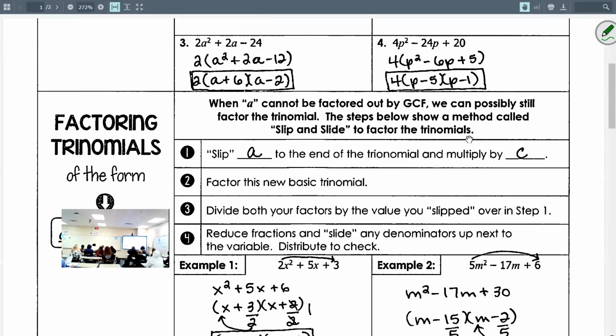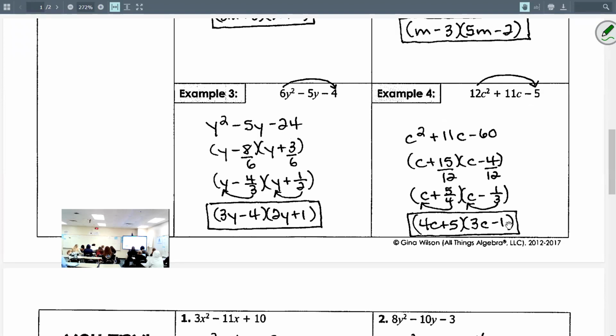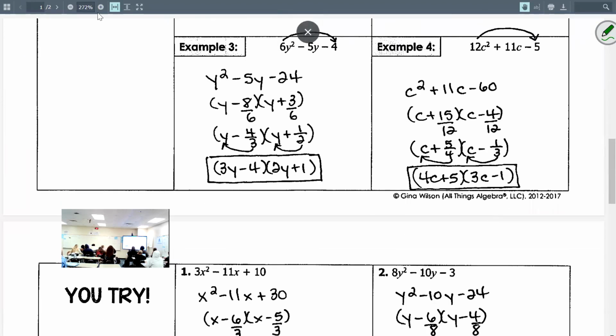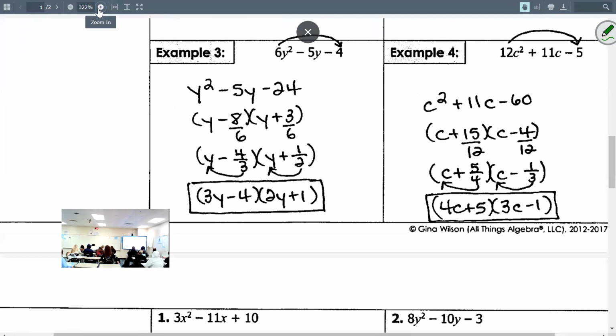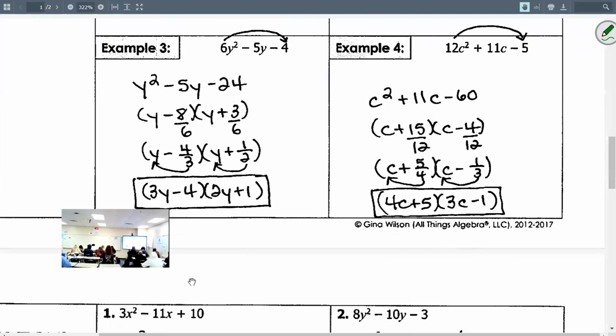Make sure you have example 4 filled in with the correct answer. Here it is. We'll just do a few more examples tomorrow, some with GCF, and then you'll have time to work on your practice and do all that.